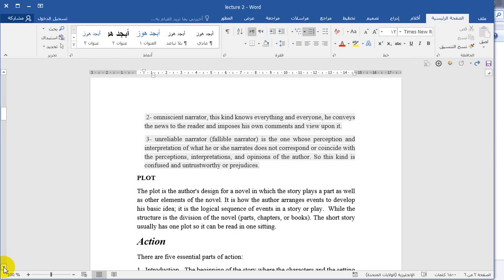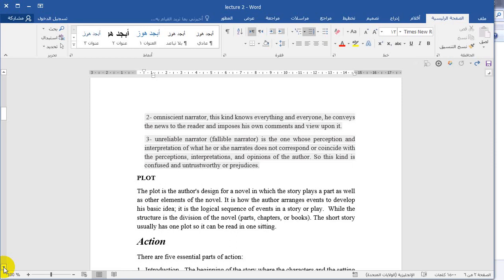I mean, I give you an example. With this kind of narrator, sometimes the narrator is a little boy or a little girl. Sometimes the narrator is suffering from some sort of madness, some sort of mental disease. So if he is mad or has a mental disease, how can he convey the information or the news correctly?